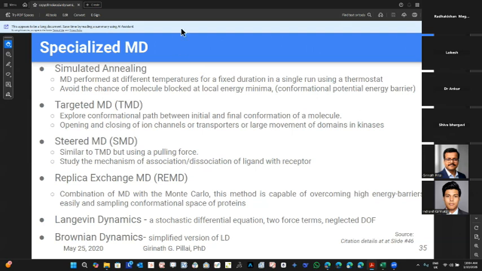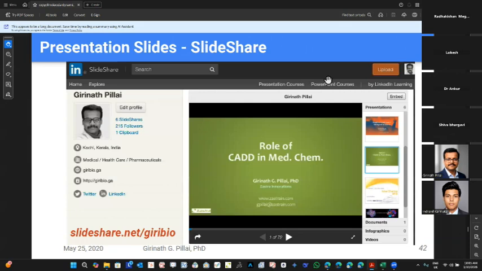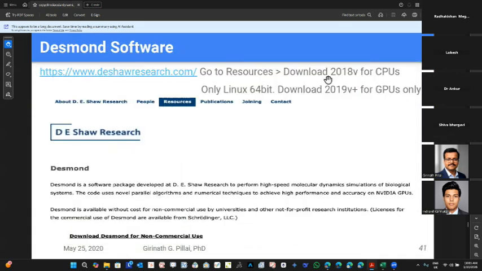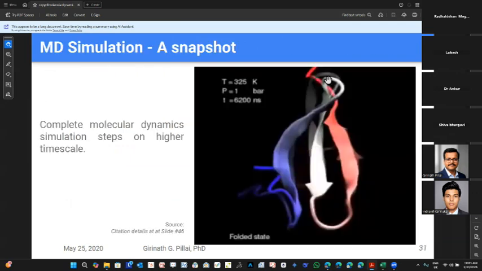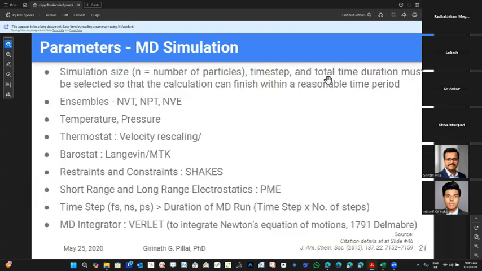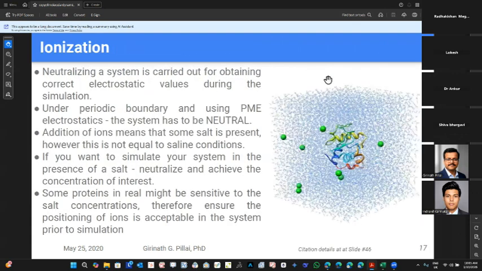Sir, how are trajectories important? What is the significance? Let me see if I have a graph to show you. Hmm, I don't have a graph here.